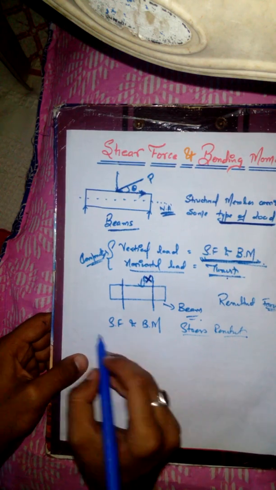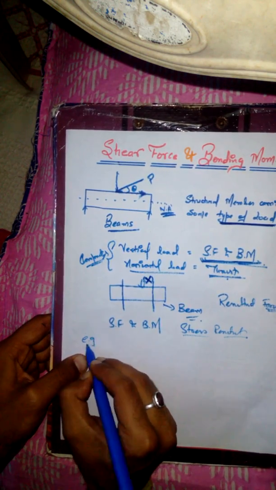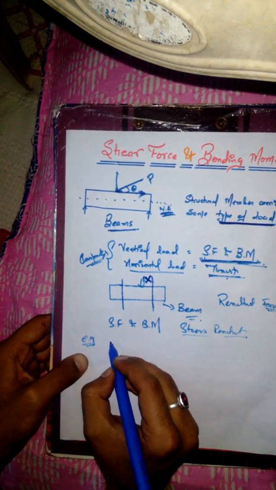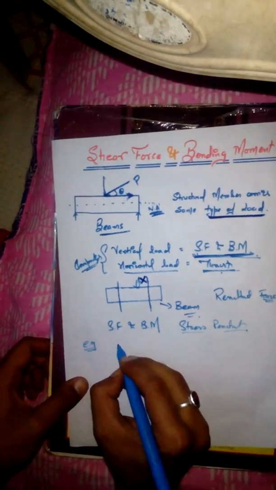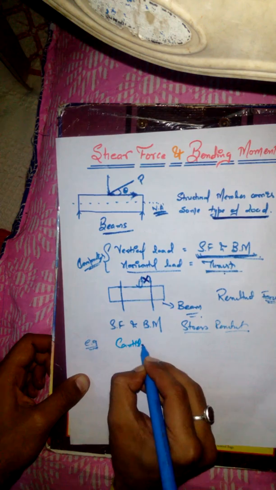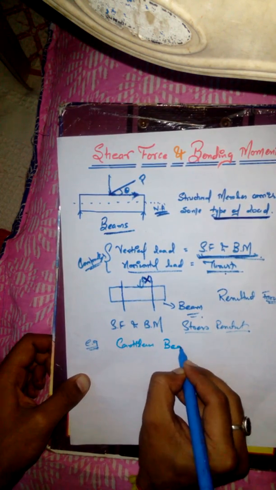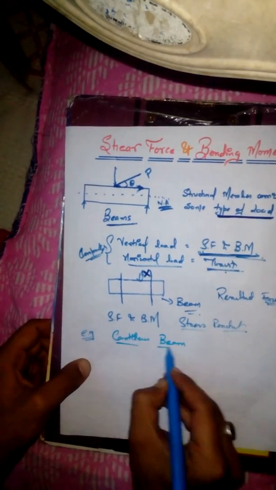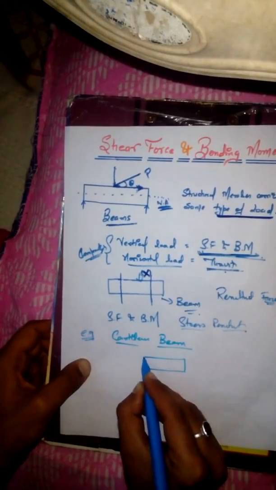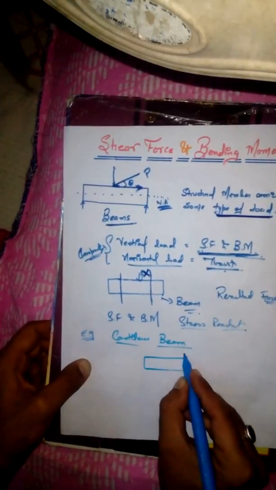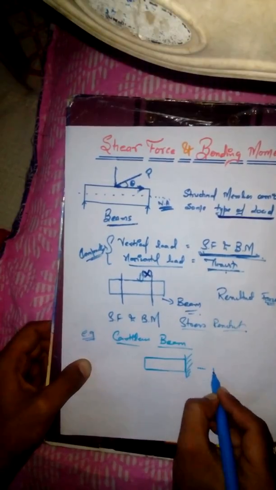So let's take an example. Let's take a cantilever beam. What is a cantilever beam? It is nothing but a beam having one end fixed.